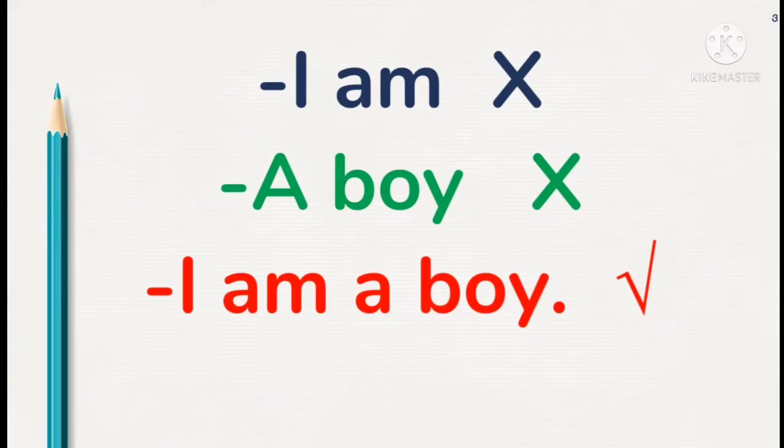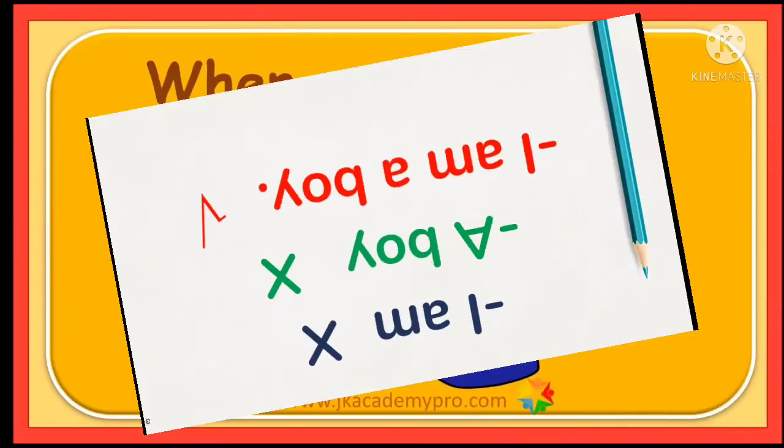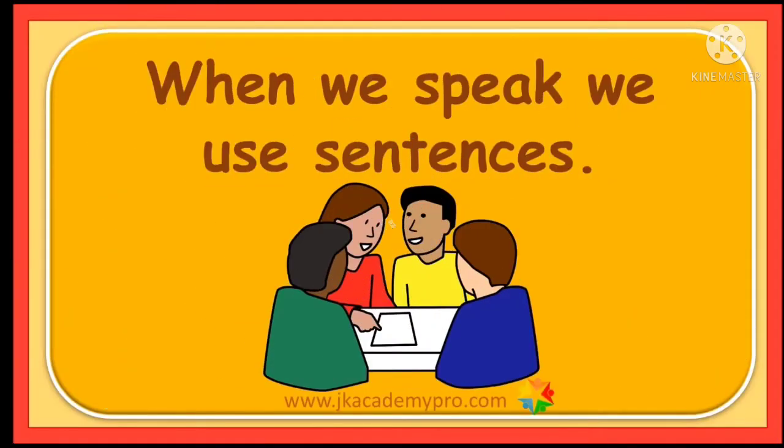So a sentence looks like a sentence only when the words are kept at a correct place, at a particular place. We use sentences. How? To express our feelings, to express our thoughts, to exchange our thoughts, to tell each other something.